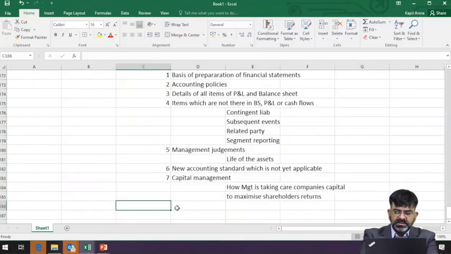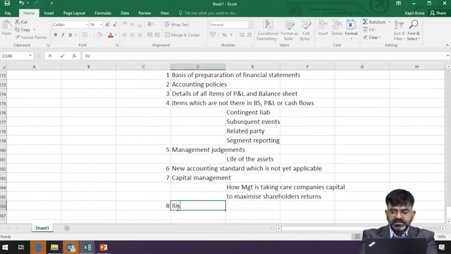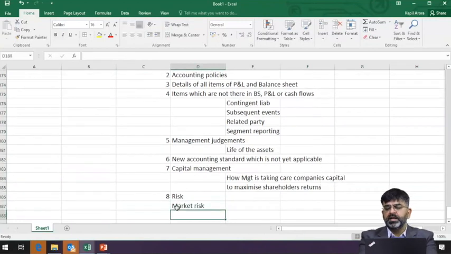Right? One more thing which comes up is risk, which relates to market risk, or any other risk which is there everywhere. So yes, capital management is a mandatory note which needs to be taken up.